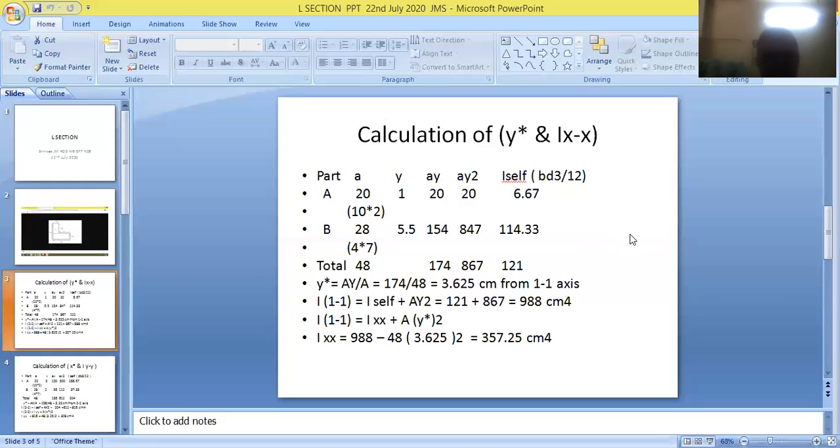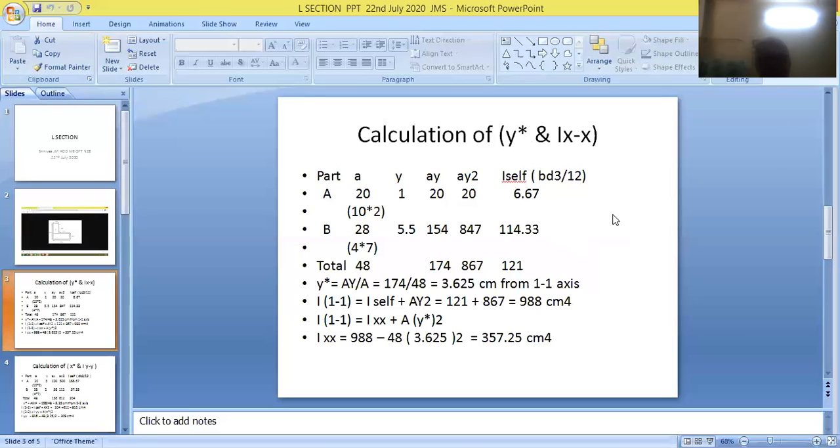Initially, they are used for measuring Y bar values, and finally, they are used for measuring the values of IXX. So, friends, preparation of this kind of table with these headings is very, very essential for measuring the values of Y bar and also the values of IXX.